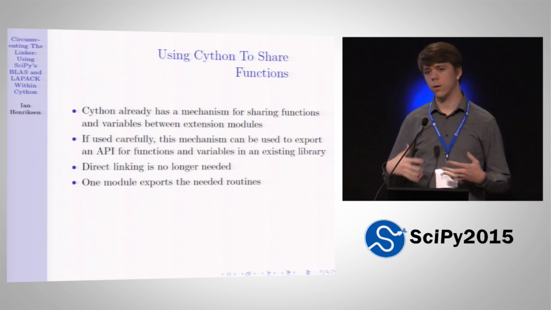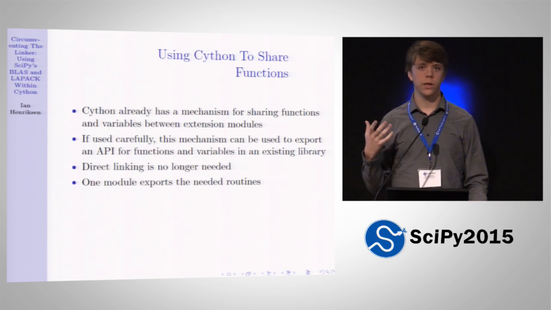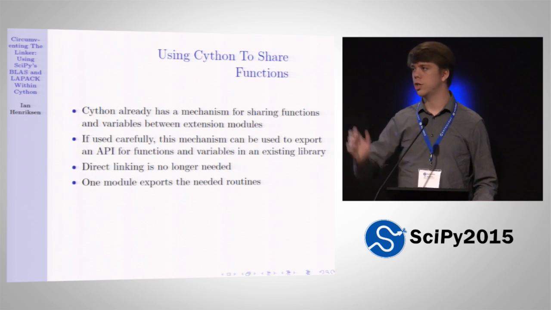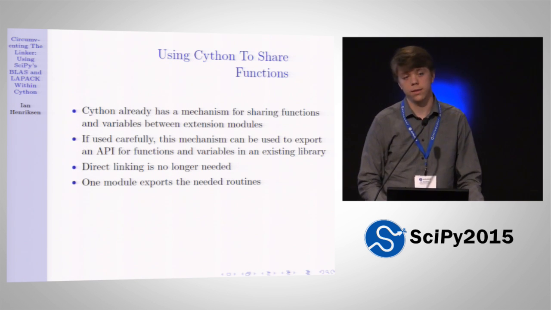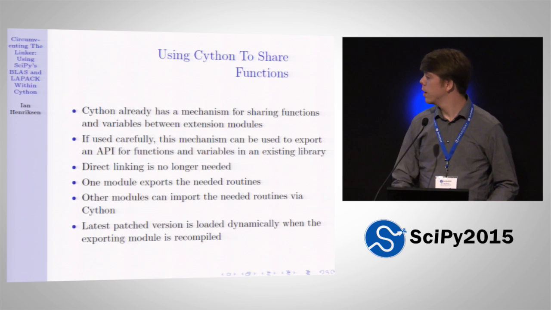And so because they've already solved this problem, it was basically just a matter of including the Cython shims as a part of their library, and then just going from there. And then other modules now just get to load them dynamically if they want to.